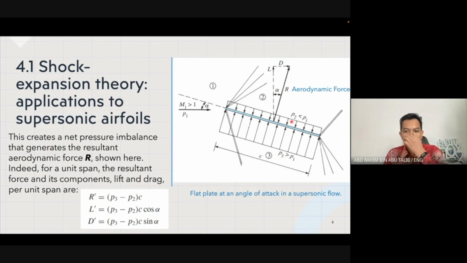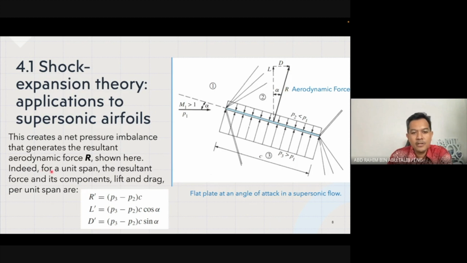So what actually happened over there is that this scenario creates a net pressure imbalance, because P3 is greater than P2. Obviously the pressure down here is greater, and it generates the resultant aerodynamic force, pointing away from the top surface, which is called R, right?